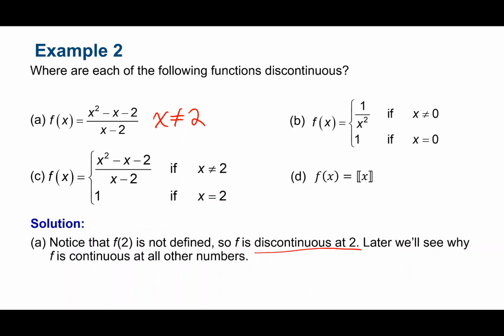What about B? B has 1 over x squared if x is not equal to 0. Our function value is 1 if x does equal 0. Remember what the graph of 1 over x squared looks like?